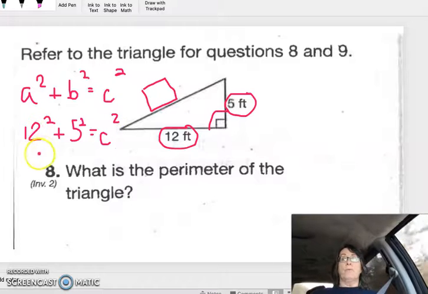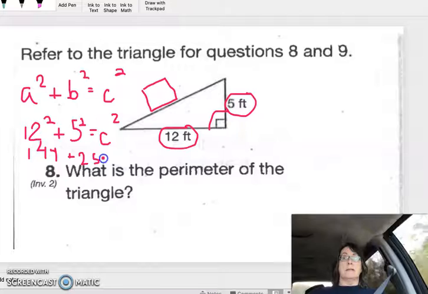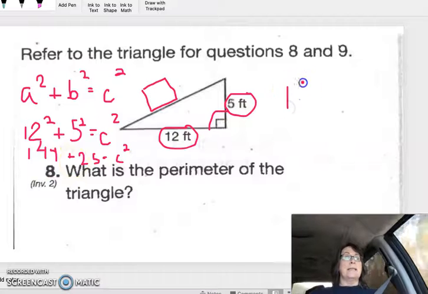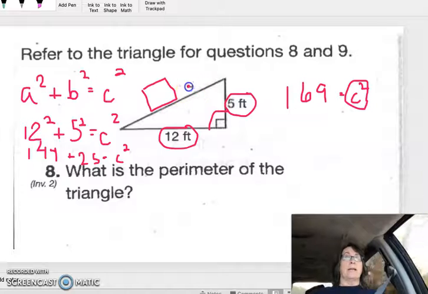Okay, so 144 is 12 squared plus 25 equals c squared. Okay, 144 plus 25 is 169, and that is c squared. So in order to find out what c is, which is this side over here, then we have to take the square root of both sides, and I get 13.